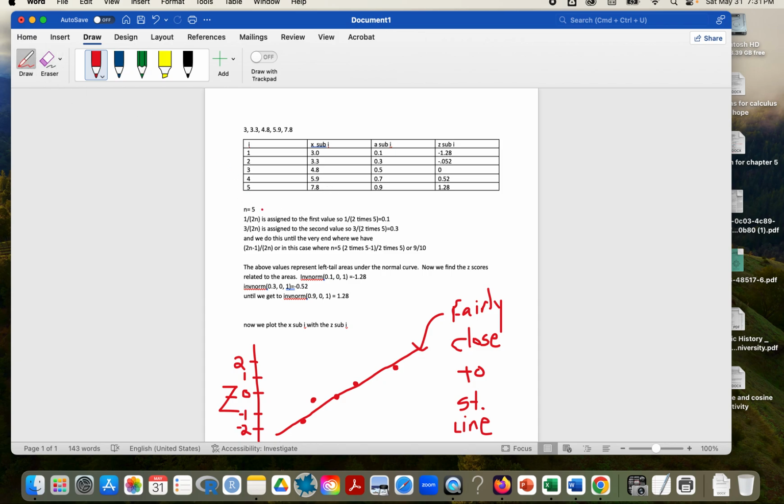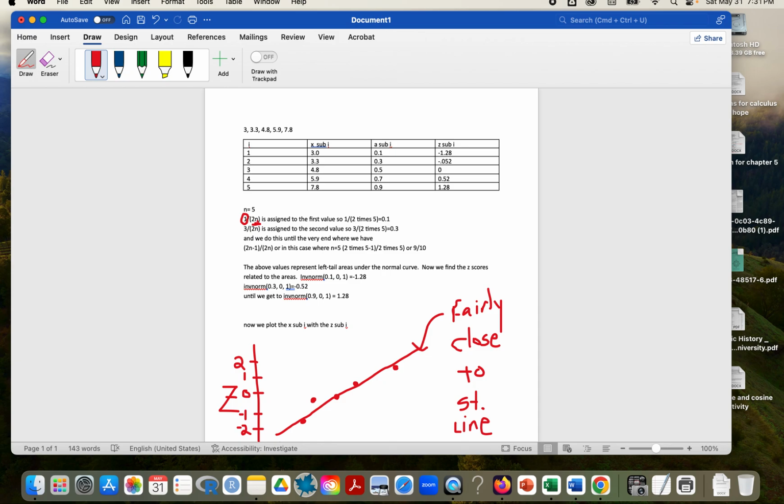The way this works, and I'm not the person that came up with this, I'm just repeating the process, is we take n to be 5, and we go 1 over 2 times n.